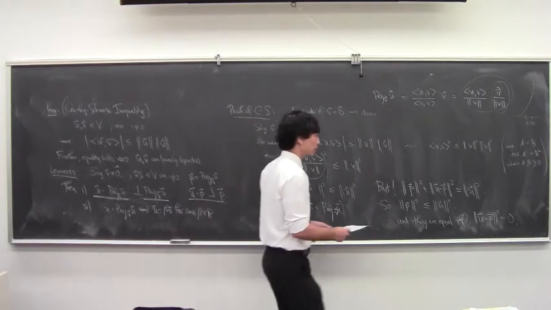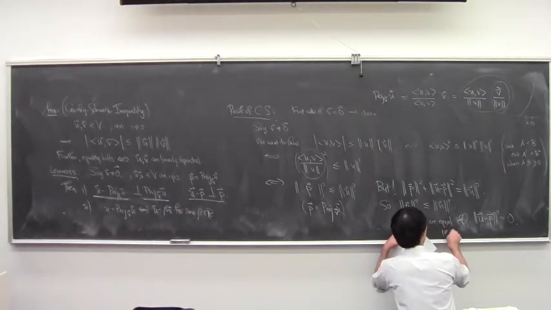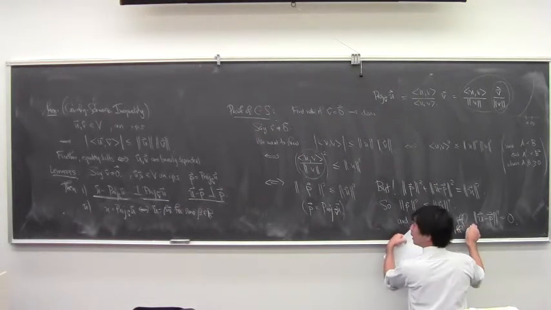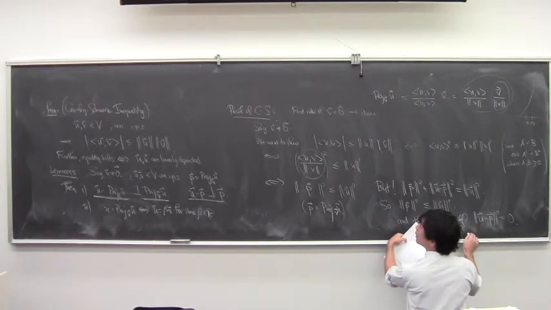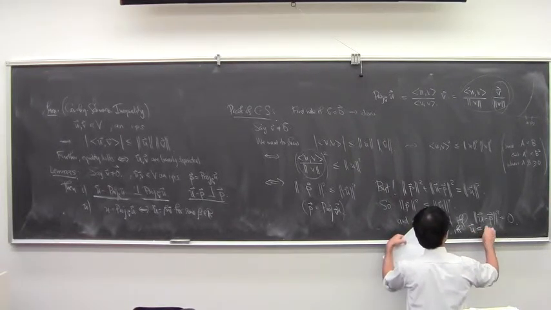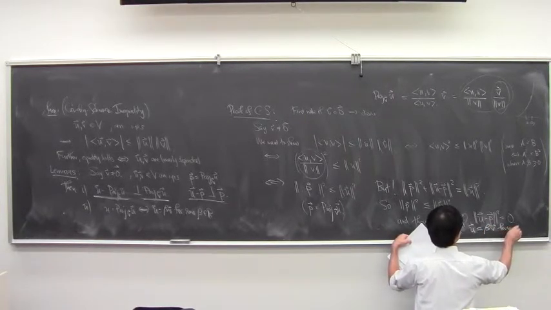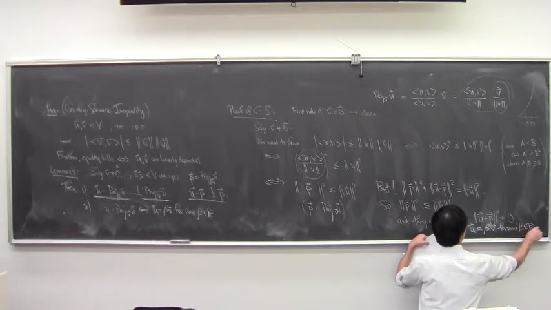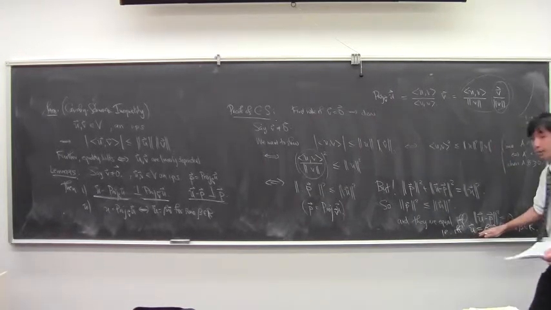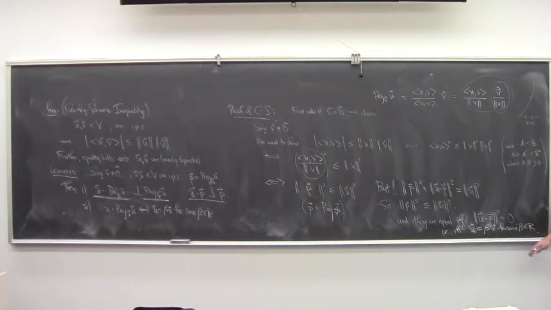That is, if and only if u equals some multiple beta of v, that is, if and only if they are linearly dependent. So everything gets done in one move.